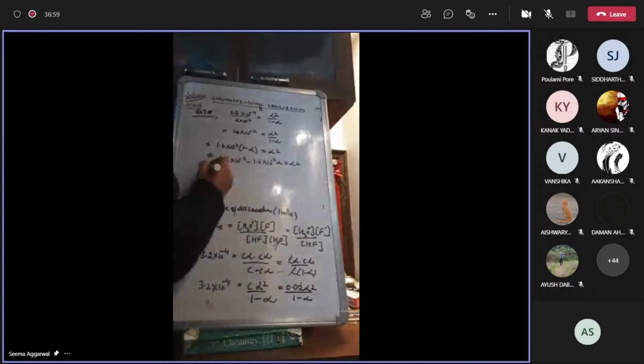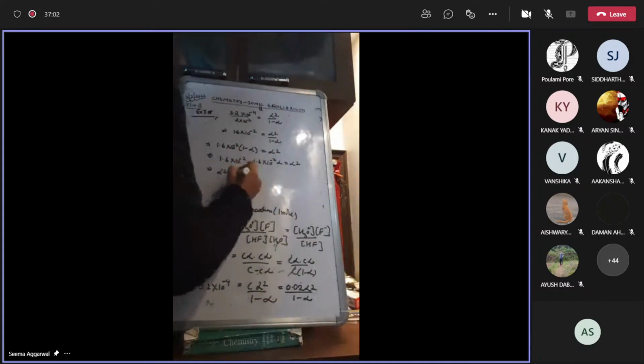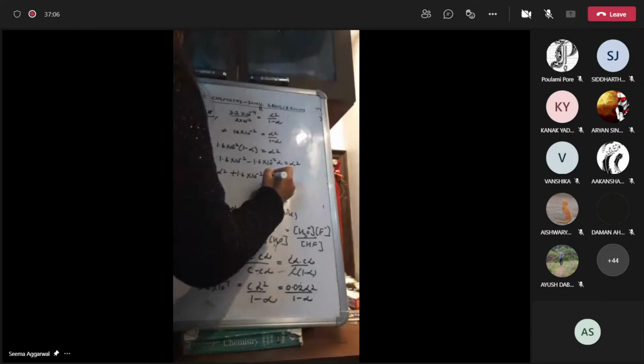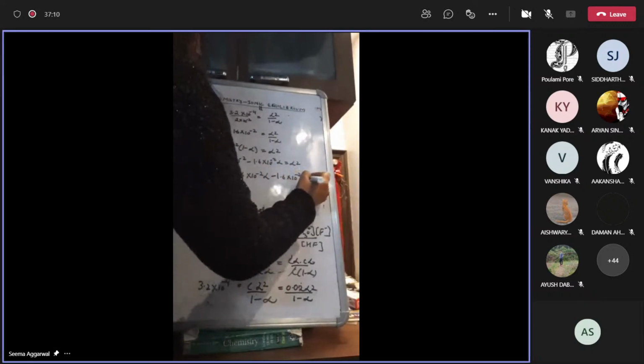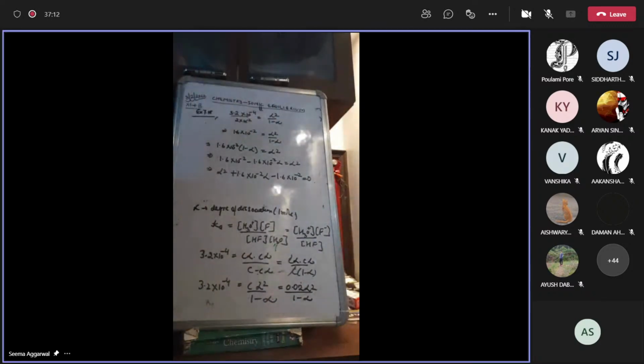Interchanging the terms: alpha square plus 1.6 into 10 raised to power minus 2 alpha minus 1.6 into 10 raised to power minus 2 is equal to 0. So this is the equation that I am getting. Is it okay? Any doubt in here you can ask.